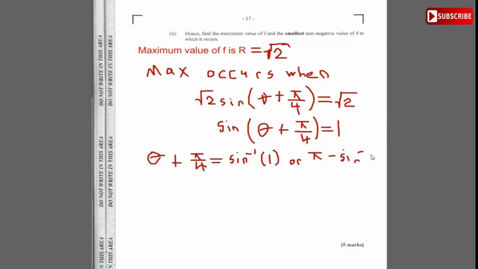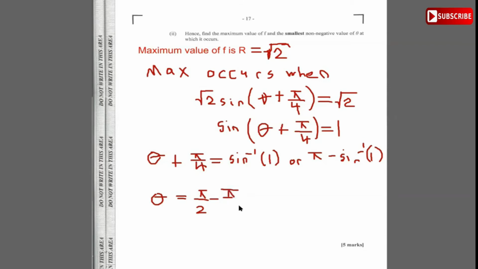All right, so we know that sine inverse of 1 is pi by 2. So we get that theta is equal to pi by 2 minus pi by 4, because we can subtract the pi by 4.